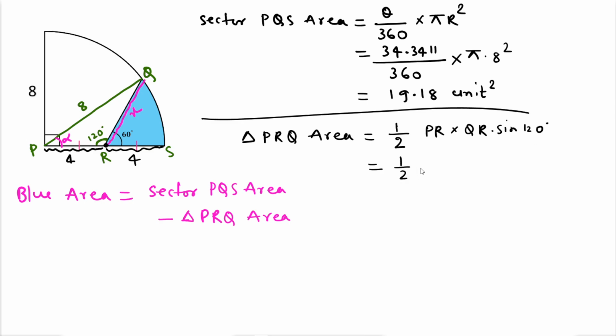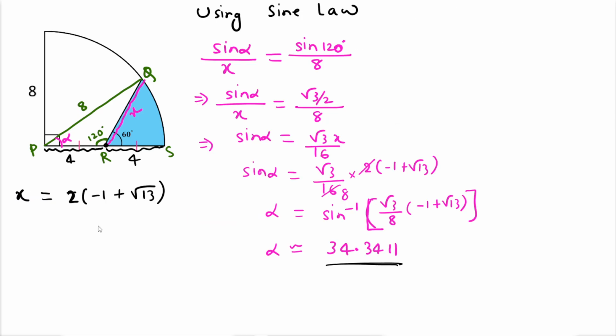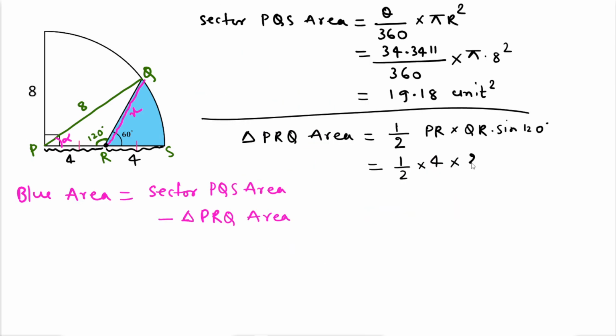So 1 by 2. PR is 4, so we will write 4. And QR length, we have calculated the x value, so we will put here in place of this, minus 2 minus 1 plus under root 13, and sine 120 degree is root 3 by 2. So this 2 gets cancelled, this 4 also cancelled.